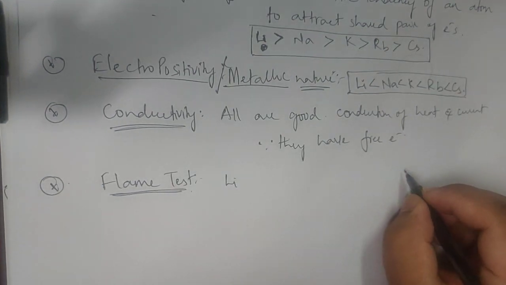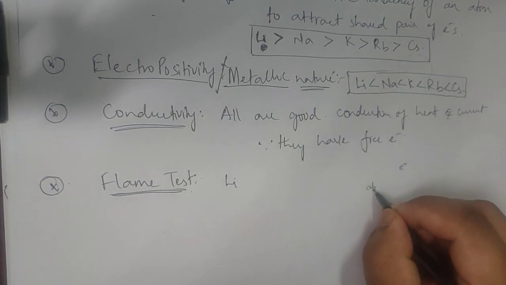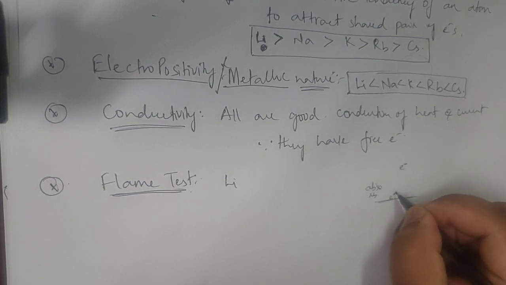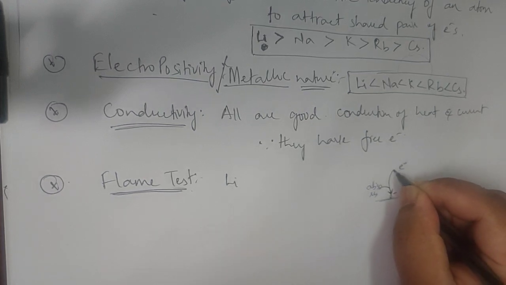Normally the last valence electrons get excited when they gain energy. Suppose the electron is in the ground state, it absorbs energy and then excites to a higher energy level.